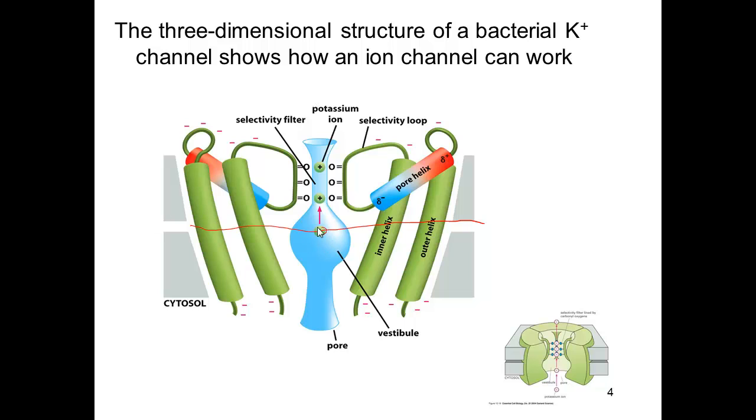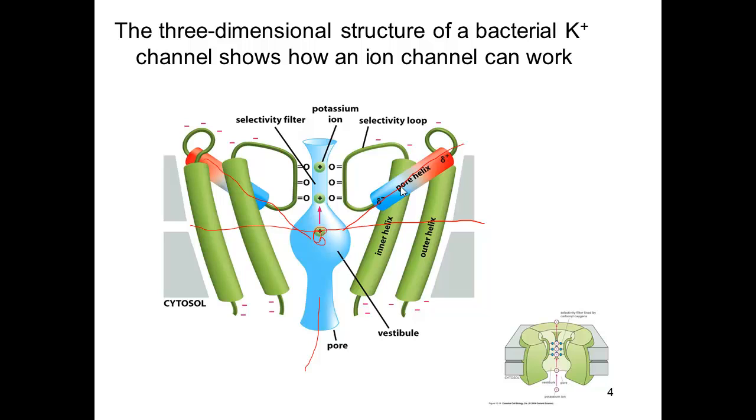How does the potassium channel stabilize potassium charges in the center of the membrane? So first of all, potassium ions are free to flow into the pore on this side, and they are stabilized here in the center by the electric fields produced by these alpha helices.